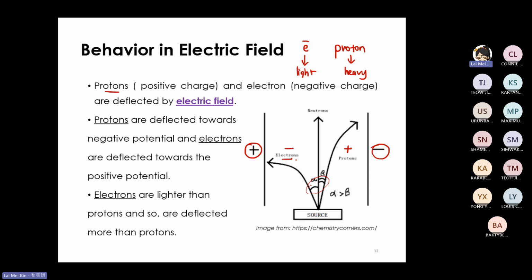That is why electrons will be bent more. You see the angle of deflection of electron, alpha, is larger than beta, the angle of deflection for proton. Because proton is heavier, it is deflected less. Electrons are lighter, so they are deflected more.